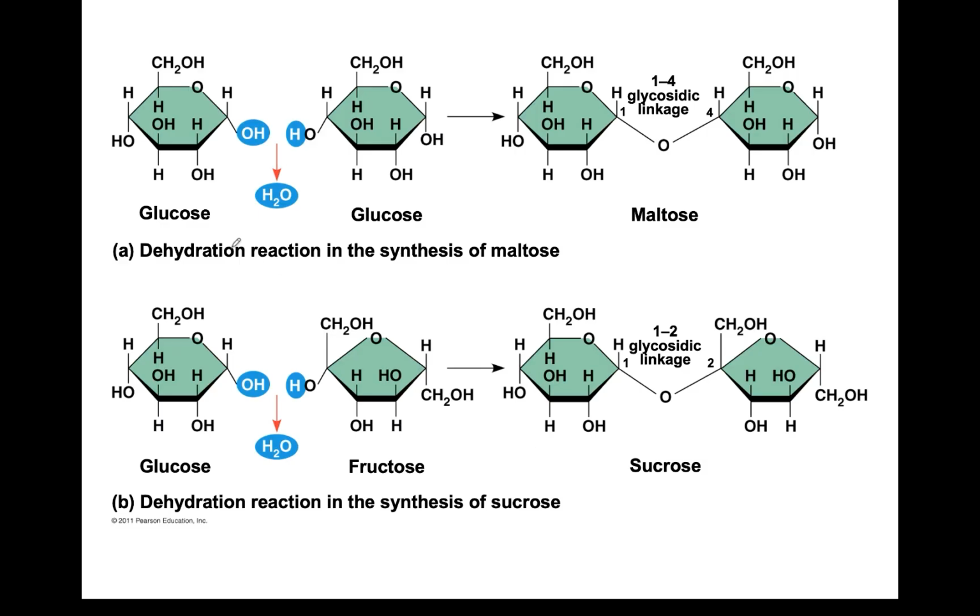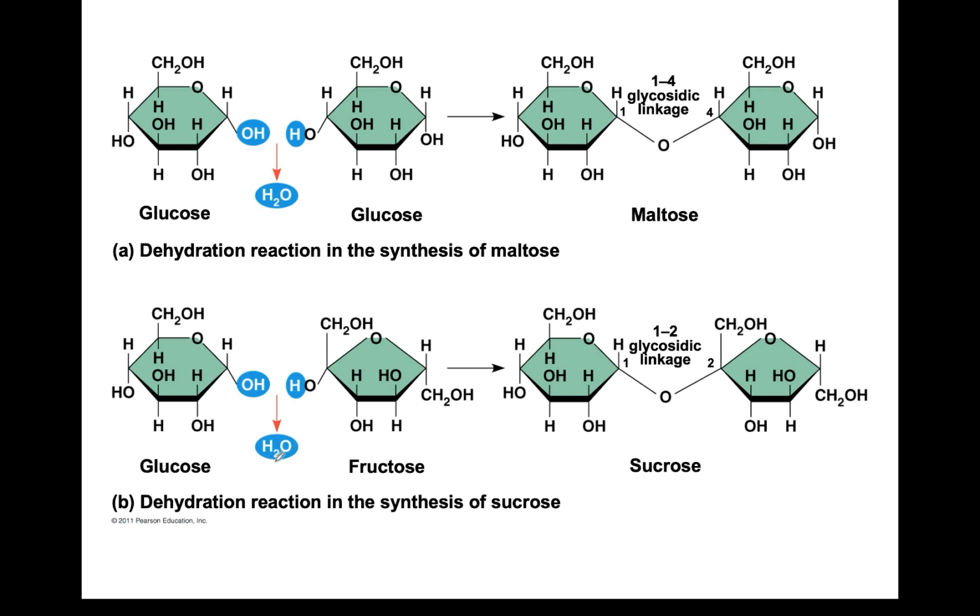So this is an example of disaccharide synthesis. Glucose binds together, and at that time a water molecule comes out. We call this dehydration. The outcome is the formation of maltose. The bottom panel shows glucose, this time binding to fructose.